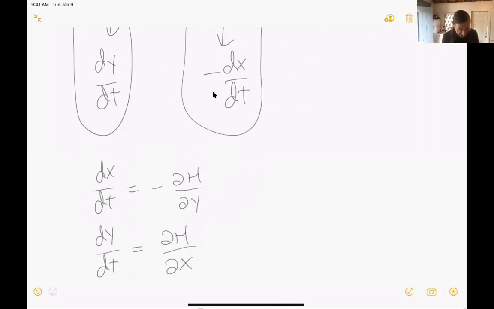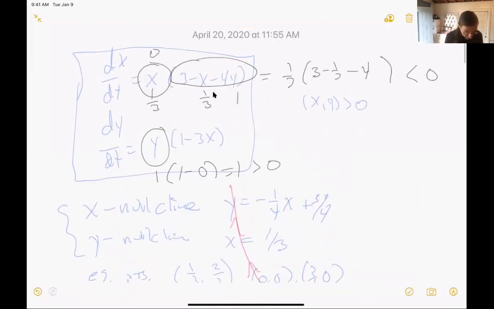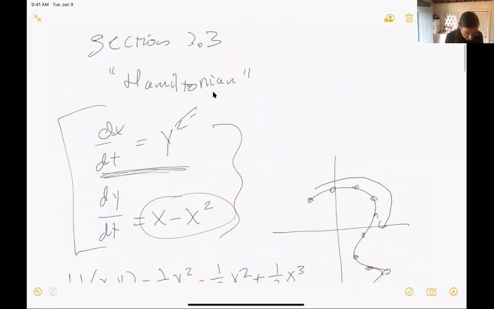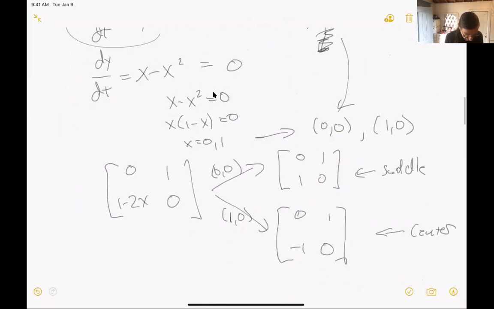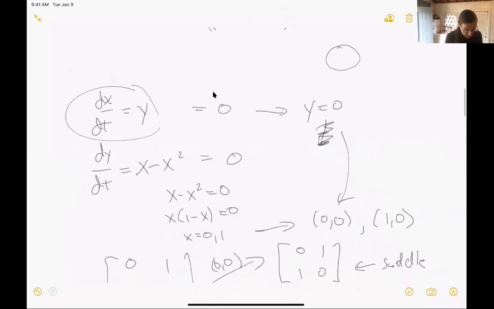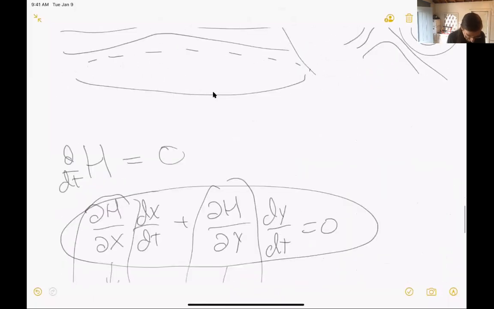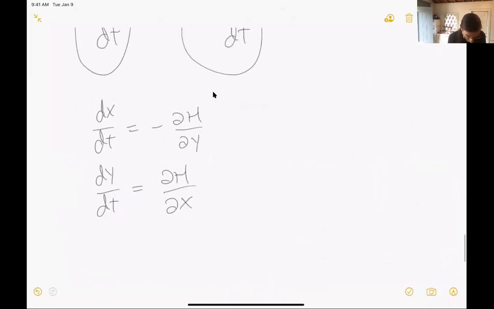Okay, now originally, way back at the top, I said my x function was just, ooh, wrong one. There it is. My x function's just y, my y function's x minus x squared. So let's say we didn't know what h was.